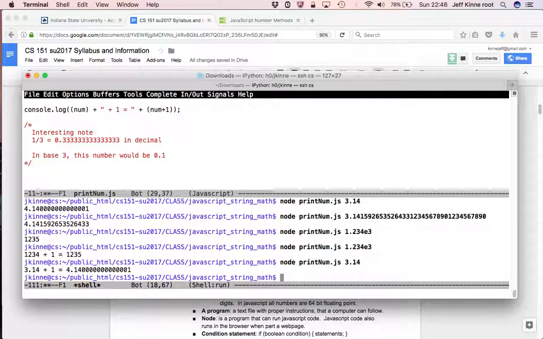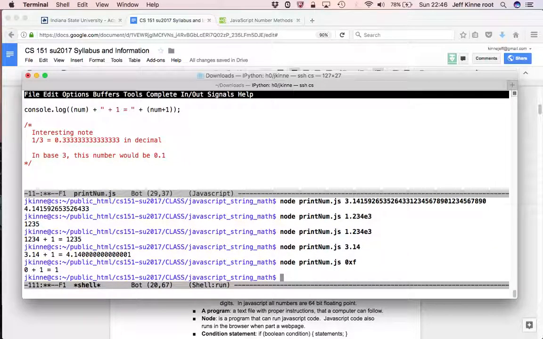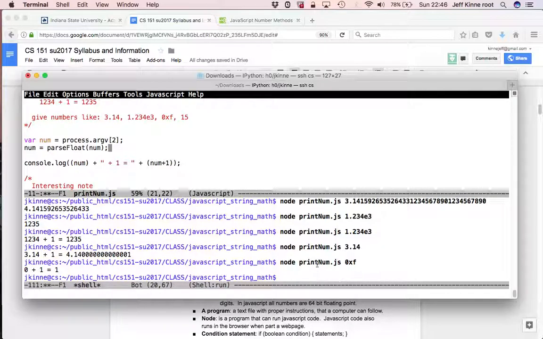Alright, let's see. So we tried out the scientific notation. Let's try out the hexadecimal. So it did not read the hexadecimal. Let's try putting here num equals 0xf.